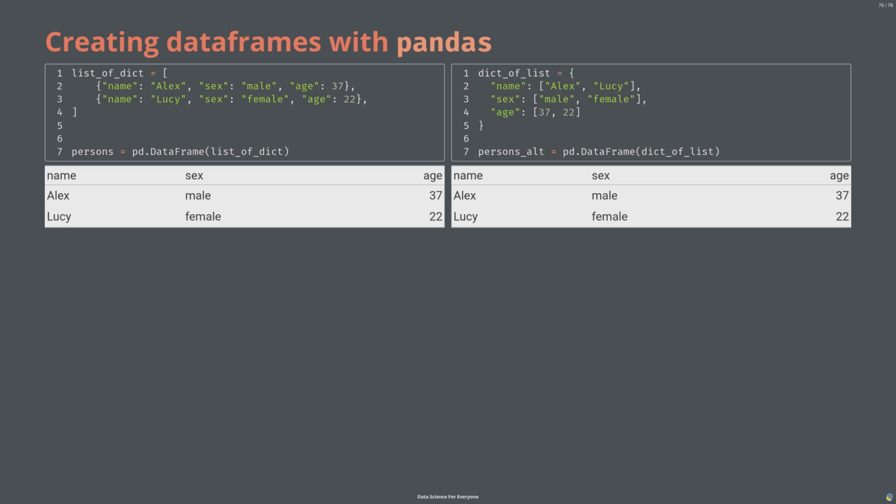The other way is to make a dictionary of multiple lists. Let's look at this example. We have created a dictionary called dict_of_list, and inside we have stored three lists: name, sex, and age with their corresponding values. Once we have created this dictionary, we can call the DataFrame method to create a pandas data frame.